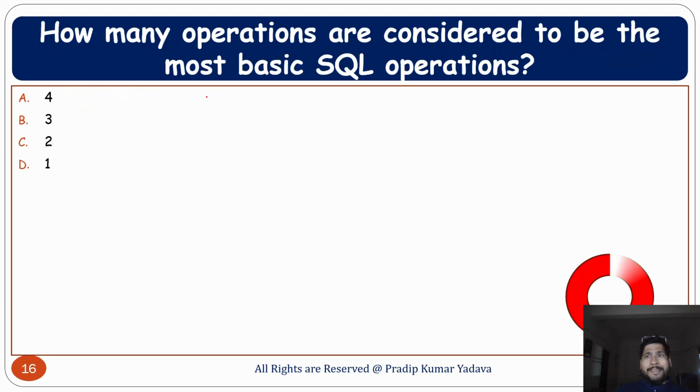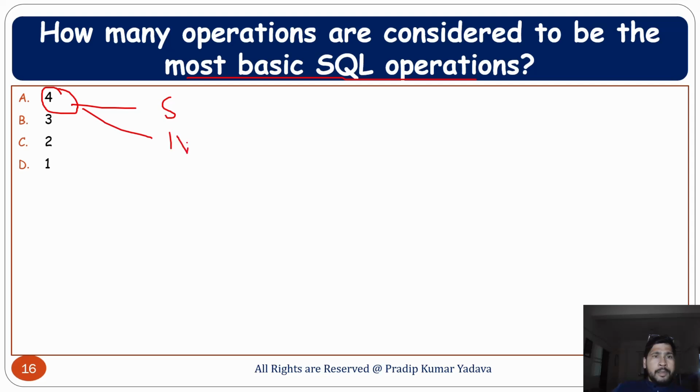How many operations are considered to be most basic SQL operations? So basically, there are four operations which are considered to be most basic SQL operations. One is select, insert, update, and delete.